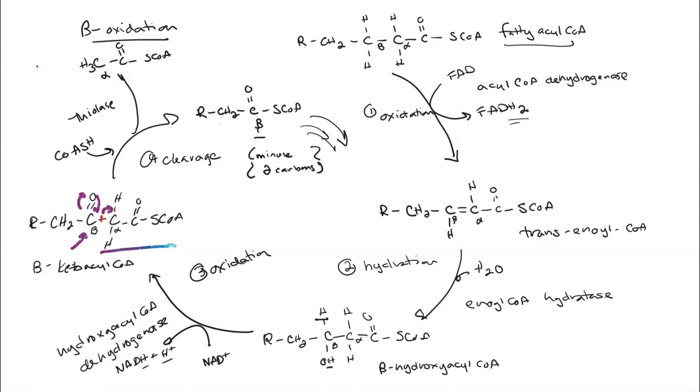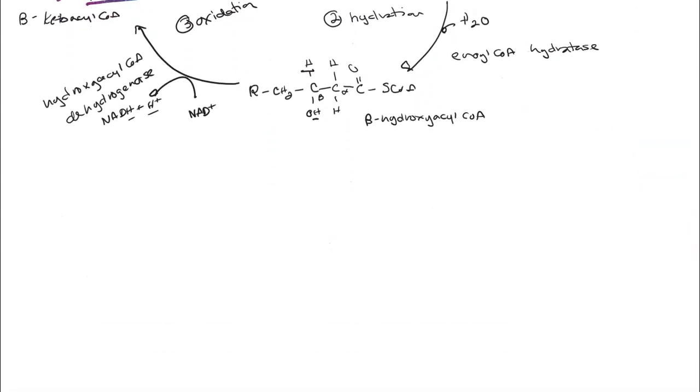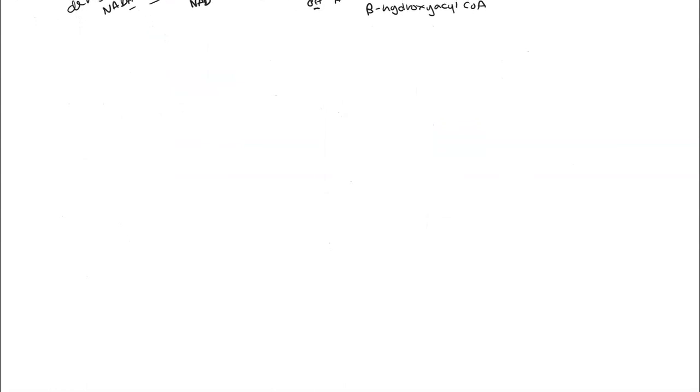So let's talk briefly about the energetic consequences of beta oxidation. What we've seen is that the repetition of these cycles of beta oxidation yields a whole bunch of different acetate units.